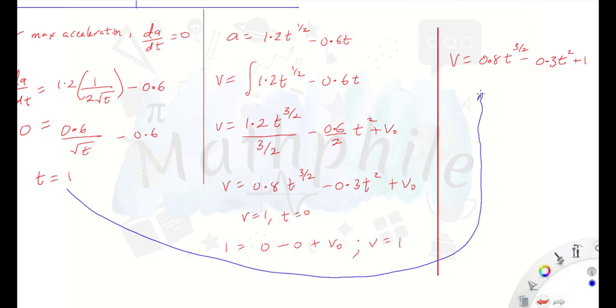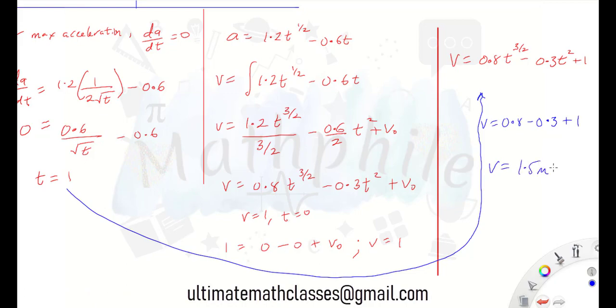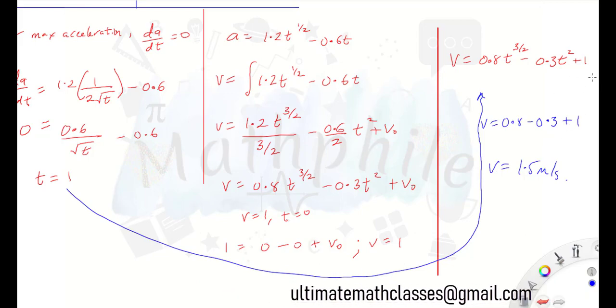So we put that time in here. 1 raised to any power is 1, so v is basically 0.8 minus 0.3 plus 1, which is 1.5 meters per second. And that answers that question. Is that okay, Derek? Yes, sir.